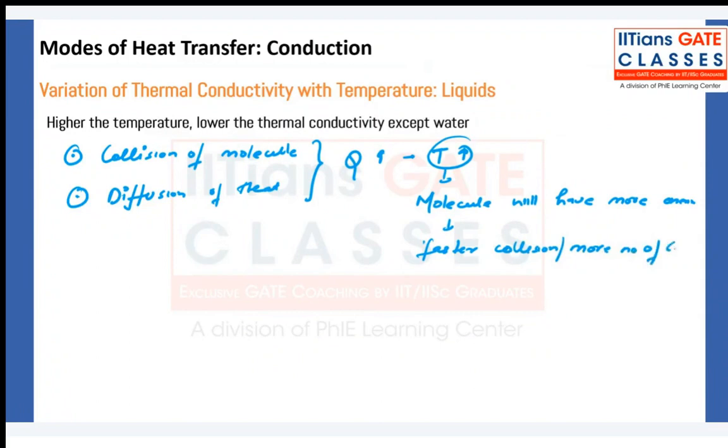But what is happening? Because their intermolecular forces will decrease, because now they have more energy, they can break the bond between each other. So their intermolecular forces have come down.